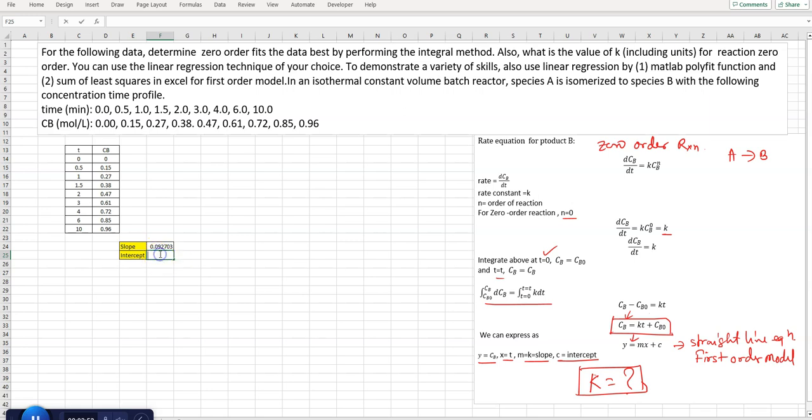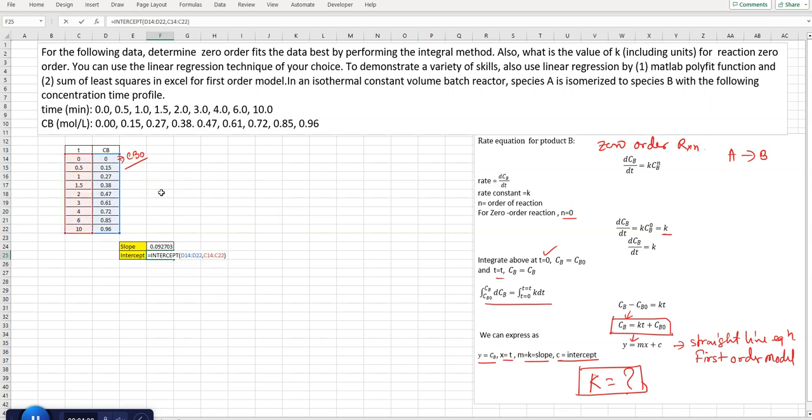And what will be the intercept? The intercept is actually CB0, but as we are fitting the data, we will get the fitted value. Similarly, for the intercept we put the known y's first, and then the known x's, meaning t.